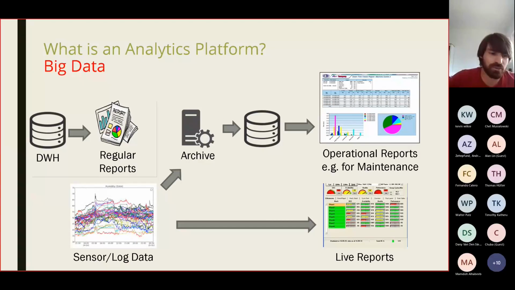So with the rise of big data, another buzzword, obviously, we had at least the capabilities to store these sensor and log data.